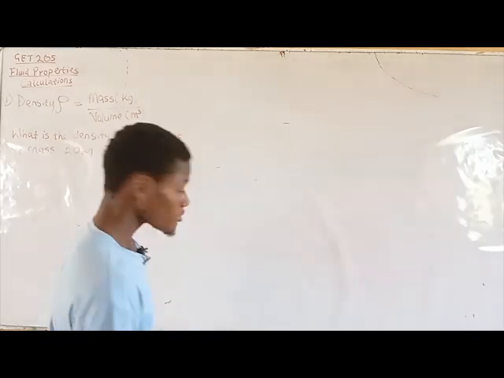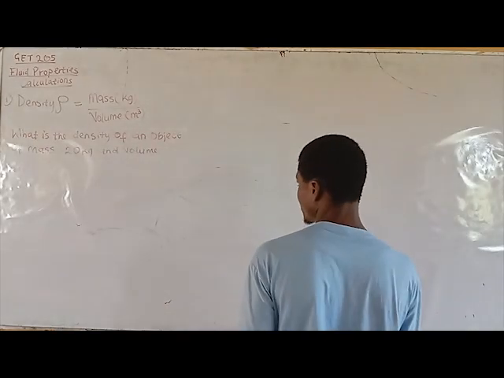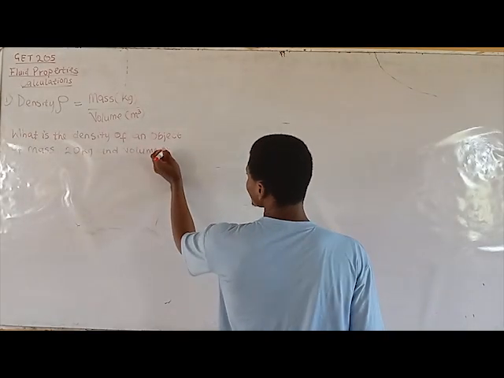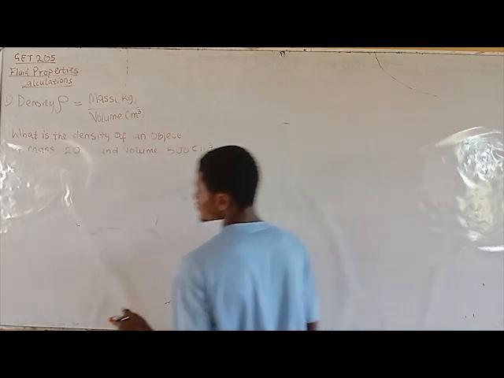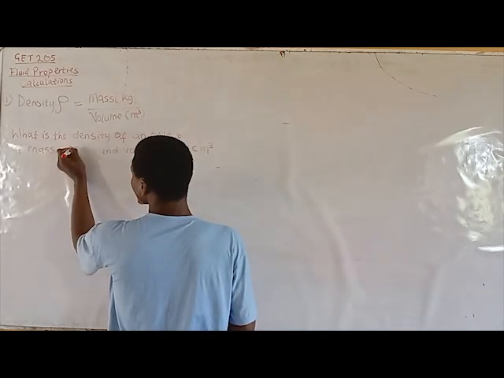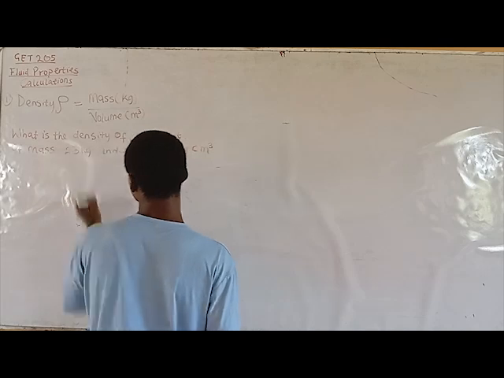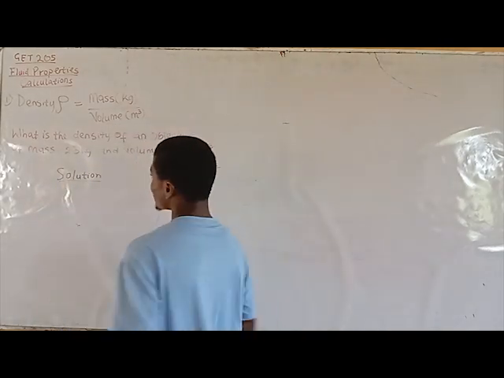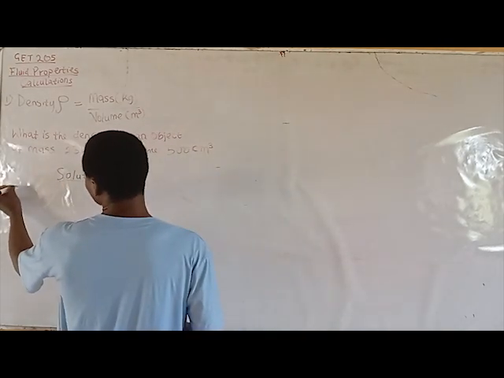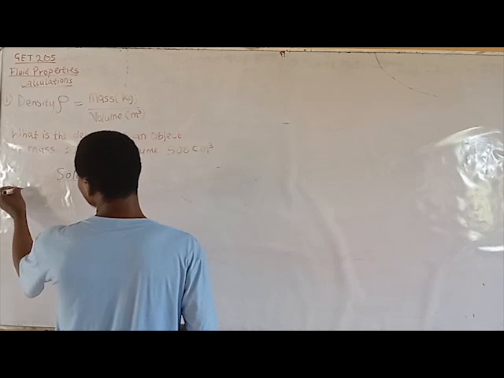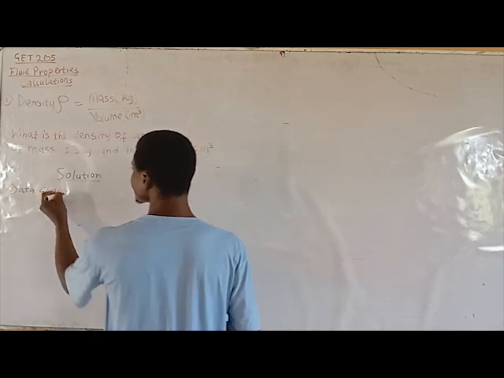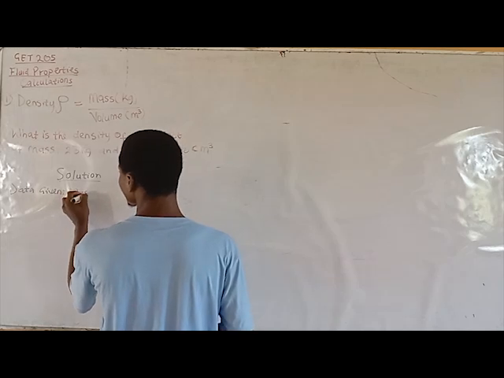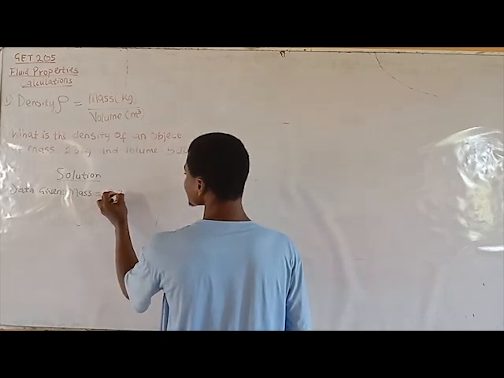And the person says, in my question, I want you to solve for volume 500 centimeter cube, 23 kilograms. For our solution, from the data given, we know that mass equals to 23 kg.